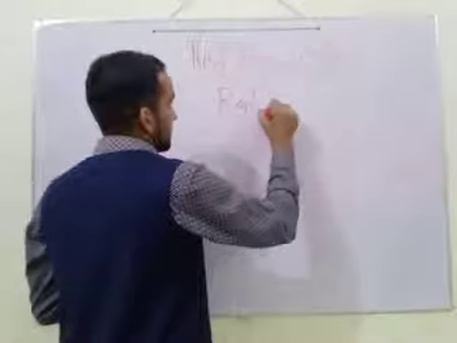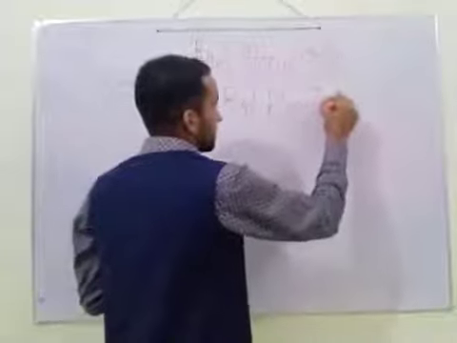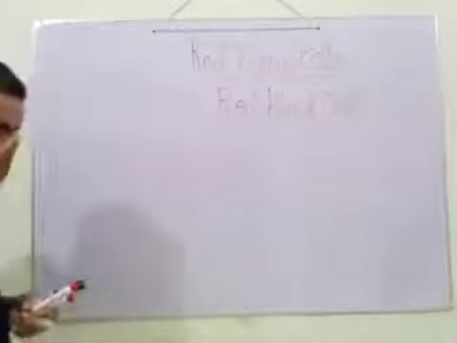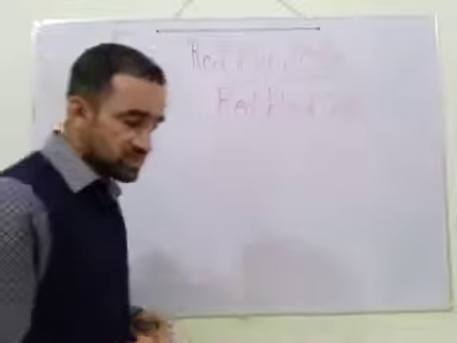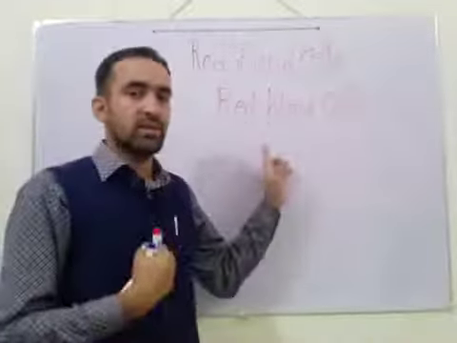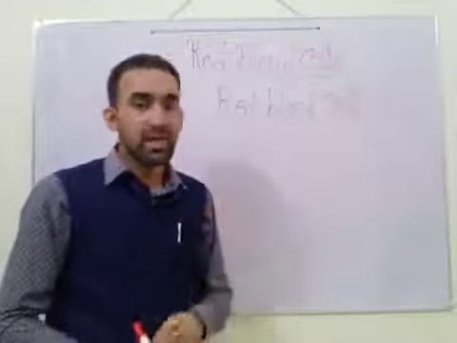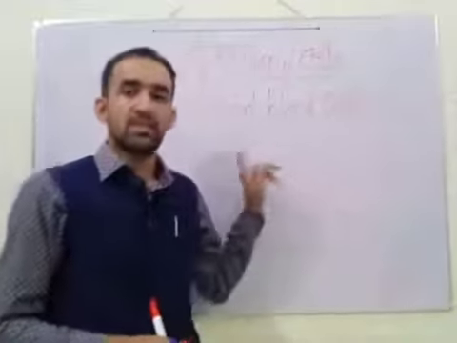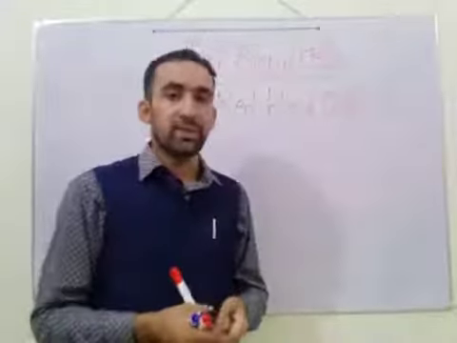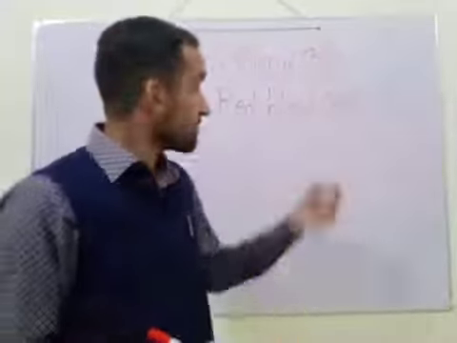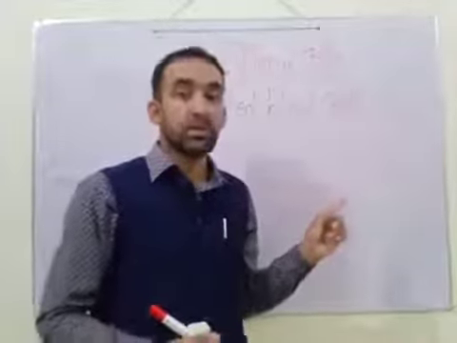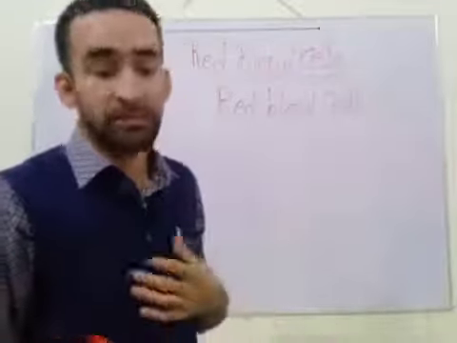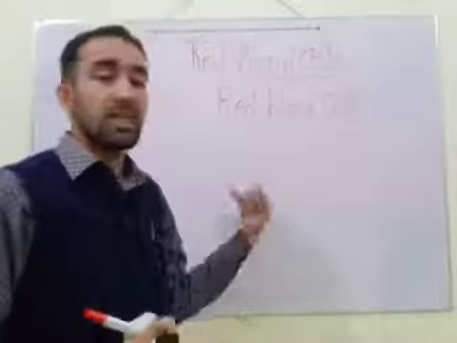Red blood cell composition: about 60 to 63% of the red blood cell consists of water, and about 37 to 40% consists of solid material. In this solid material, about 34% out of 40 is hemoglobin protein or hemoglobin pigment, and the remaining is other protein.